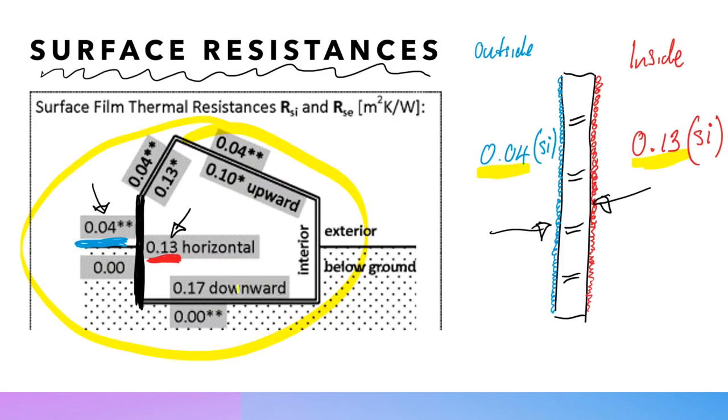You can see that the horizontal surface there, 0.17 downward. The point is, you must always refer to the building regs to see whether or not you're dealing with a vertical wall, horizontal wall, and so on. But these in general are the values. Certainly 0.13 inside for a wall, and 0.04 outside resistance.